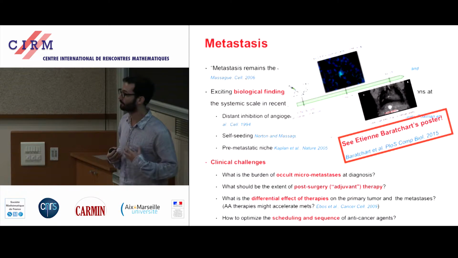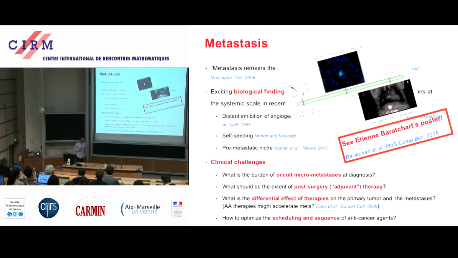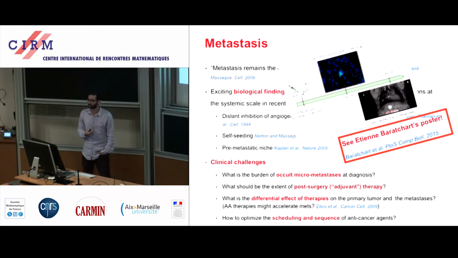How to infer this occult burden from what we see, that is only data on the primary tumor, maybe some data on the metastasis, but most of the time, for instance in breast cancer, the cancer is diagnosed localized. This has a tremendous importance for deciding the extent of adjuvant therapy, the amount of therapy that we should give after removing the primary tumor.